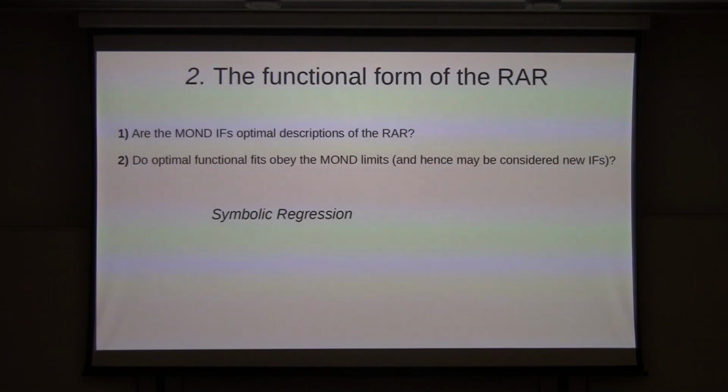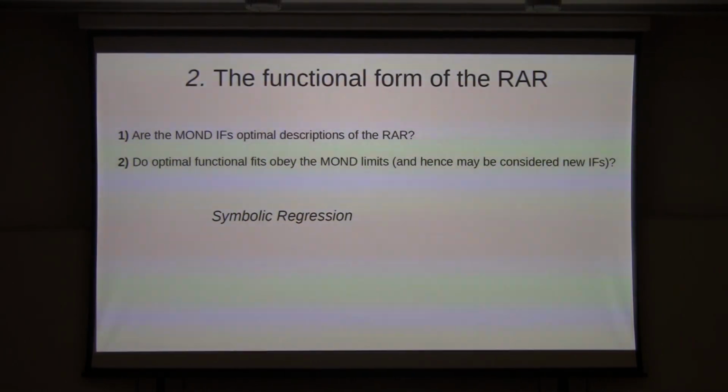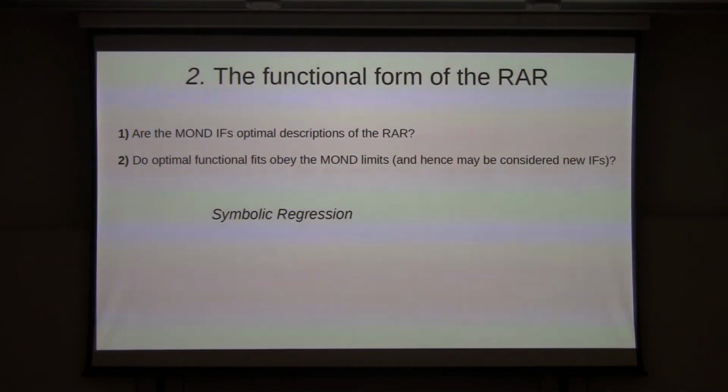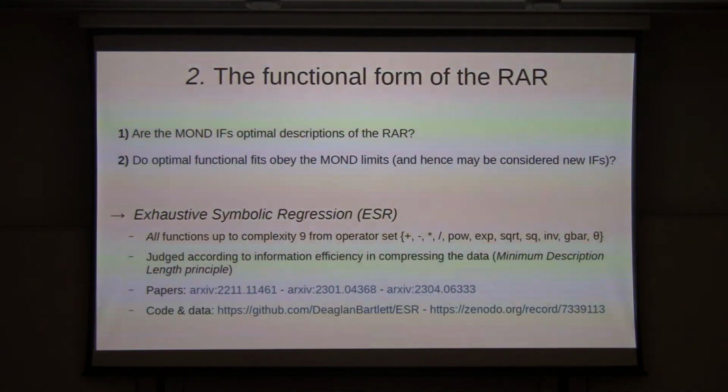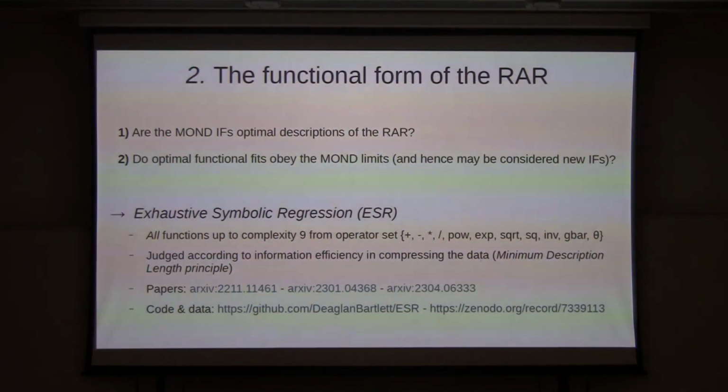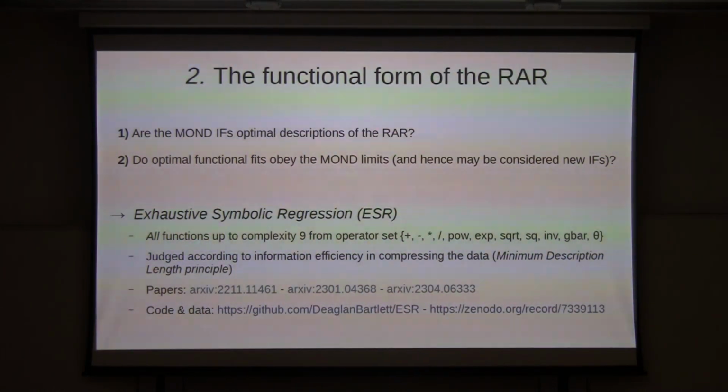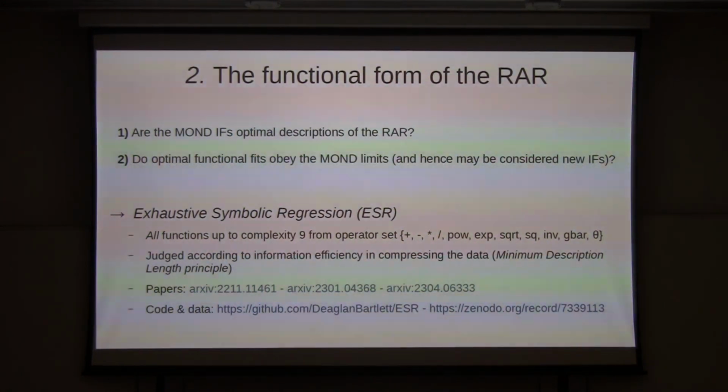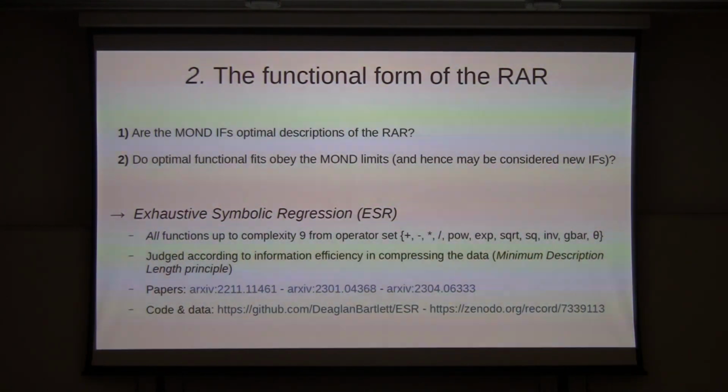This is a fairly new field in machine learning, and my collaborators and I have been going down a rabbit hole of trying to do this properly, which I'll spare you the details of, except so far as to say that we developed a new method for symbolic regression called exhaustive symbolic regression, which essentially creates an efficient algorithm for generating all possible functions made of some basis set of operators, which I'll take as these for the moment, up to some maximum complexity of function.